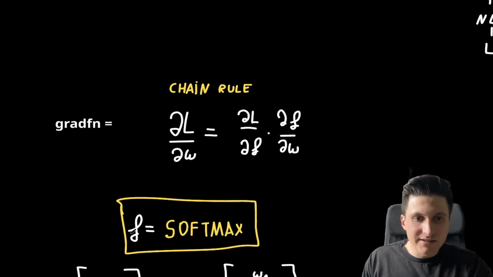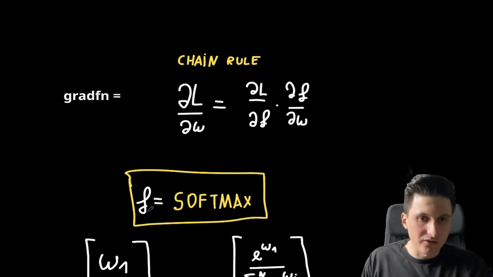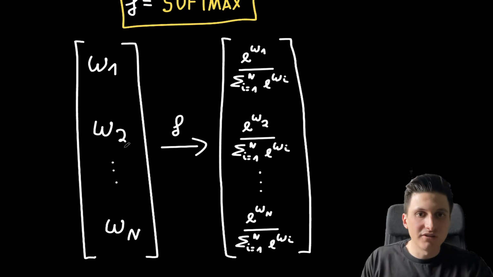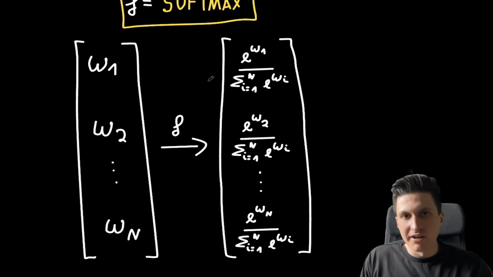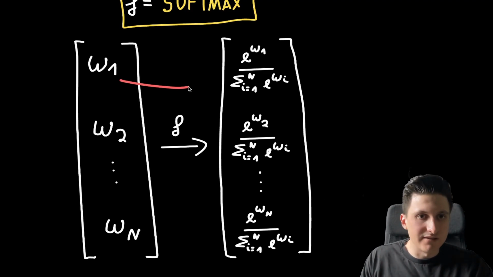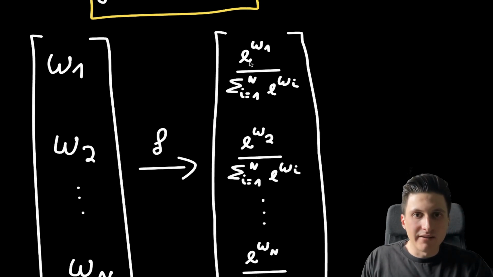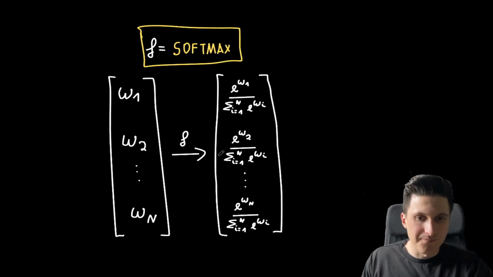In this case, let's first start with the softmax. We've already seen this formula: it takes a series of numbers, and we apply this operation to turn them into probabilities.